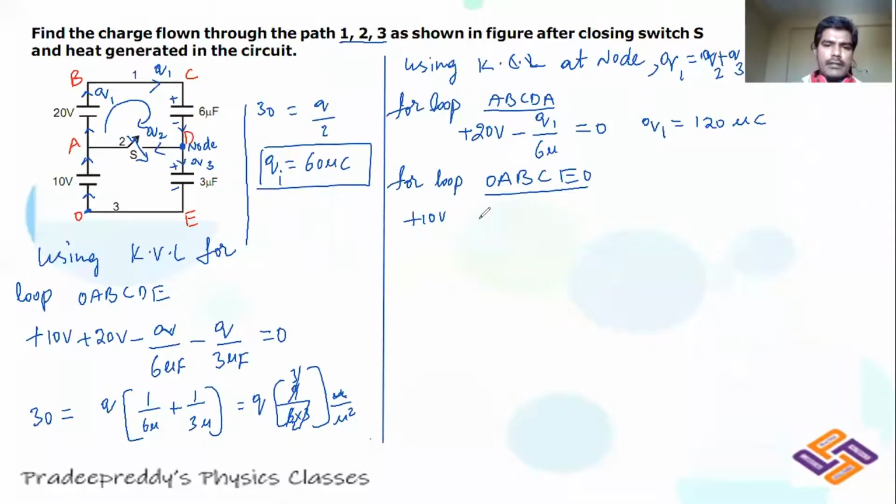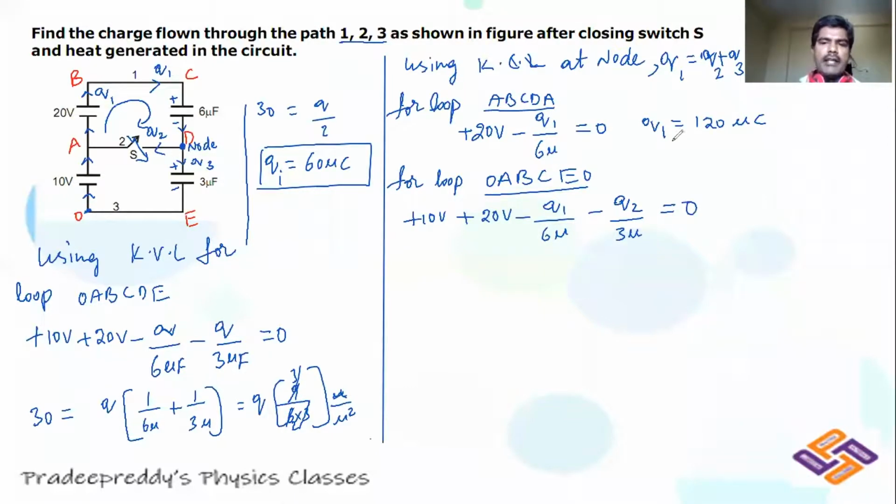Next plus 20 volt. Coming from here, it is minus Q1 divided by 6 microfarad. Next coming from here to here, it is minus Q2 divided by 3 microfarad is equal to 0. Right? That is the second loop which I am taking.